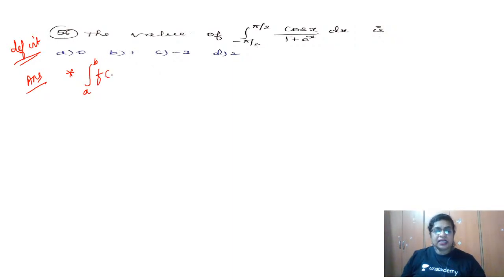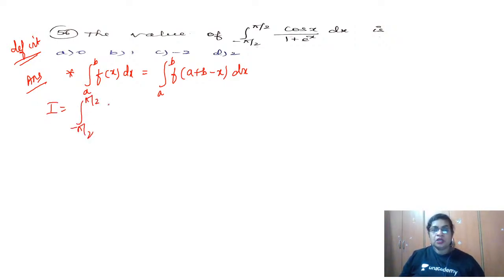Integral a to b f of x dx is equal to integral a to b f of (a plus b minus x) dx. This is a property which I am going to use here. The given question is I equals integral from minus pi by 2 to pi by 2 of cos x by (1 plus e power x) dx.